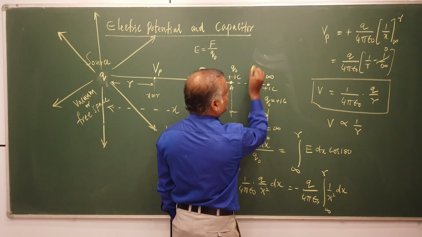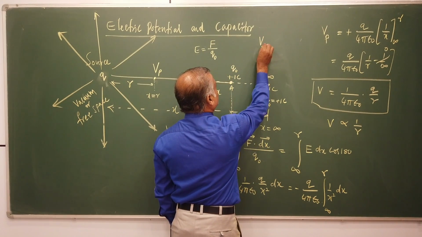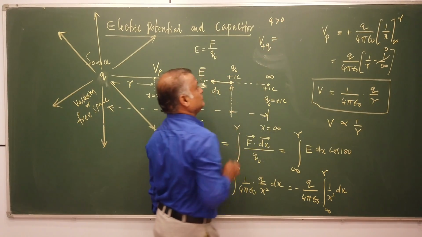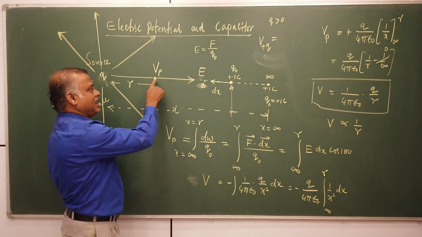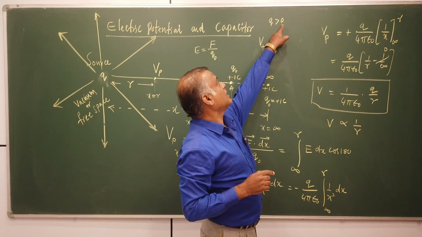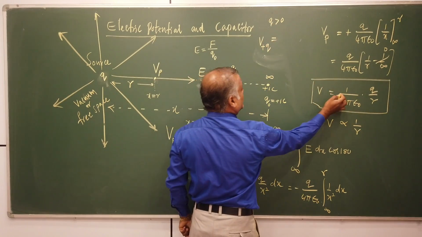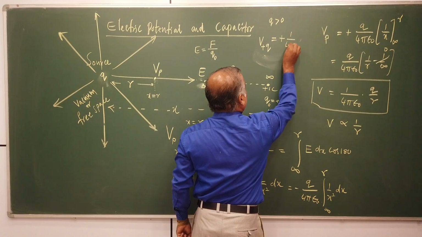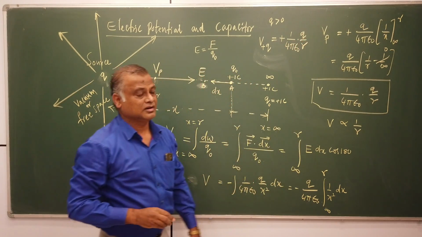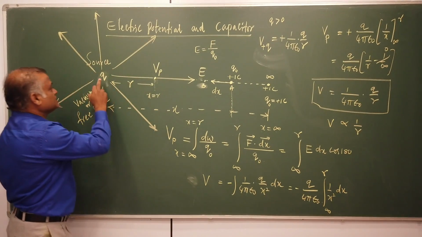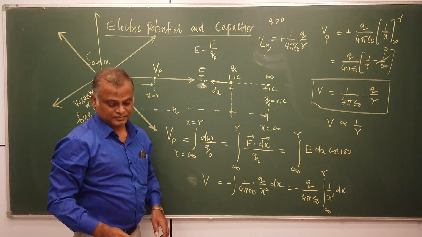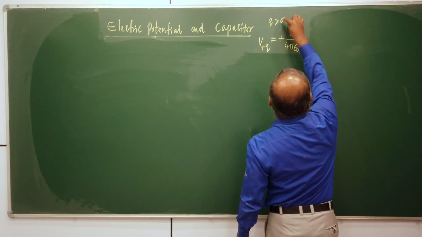Therefore, potential at a point due to a positive charge, that is Q greater than 0, is positive: 1 divided by 4 pi epsilon naught, q divided by r. Suppose the given charge is negative, I think you have taken this. So when q is greater than 0, potential is positive.